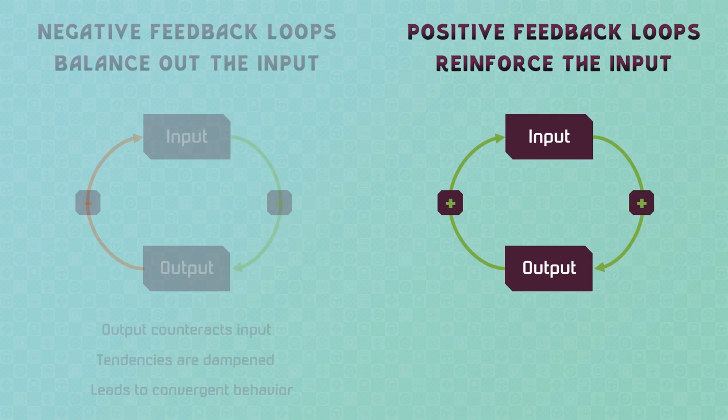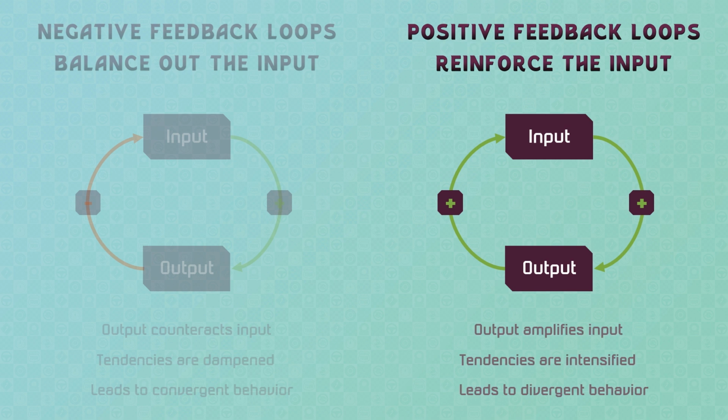The other type of feedback loop is a positive feedback loop, where the output reinforces the input. And that would mean that the input is amplified over time. Instead of dampening existing tendencies or dynamics in the system, those are actually intensified. And to give you an example of a positive feedback loop, let's imagine the thermostat in our room is malfunctioning.